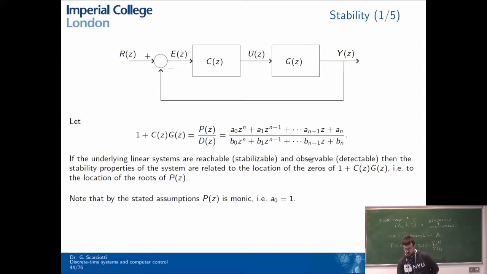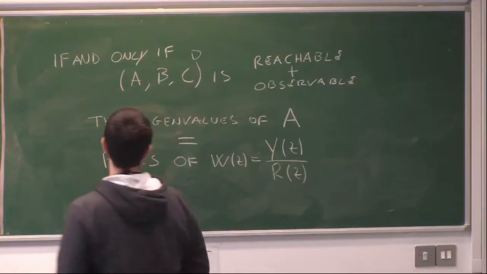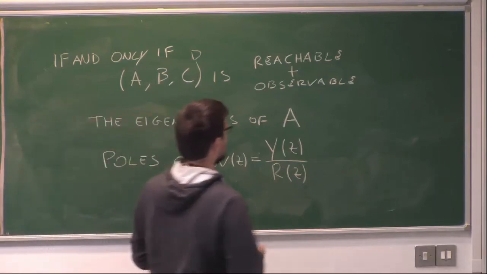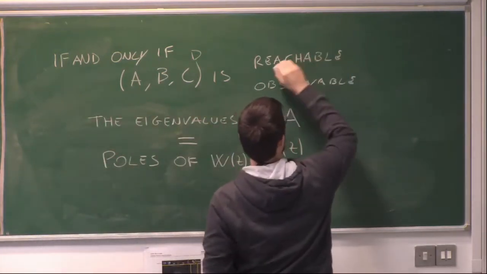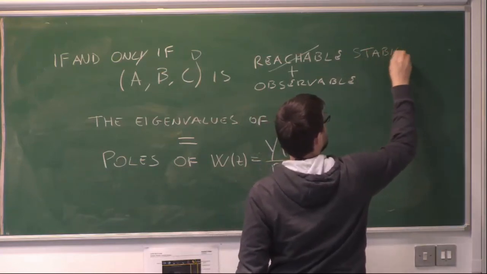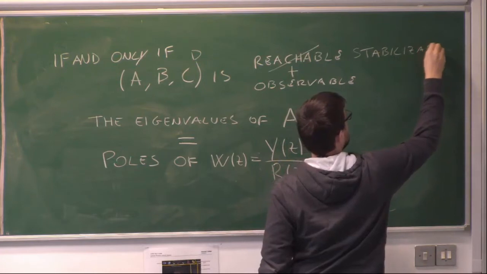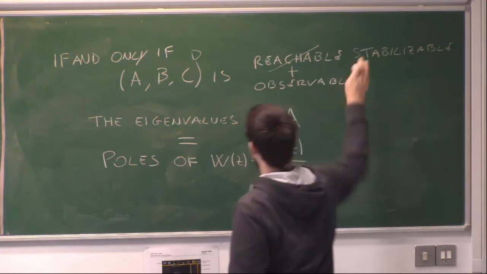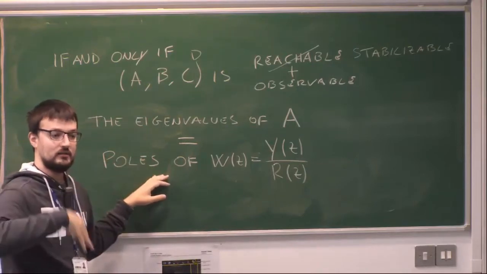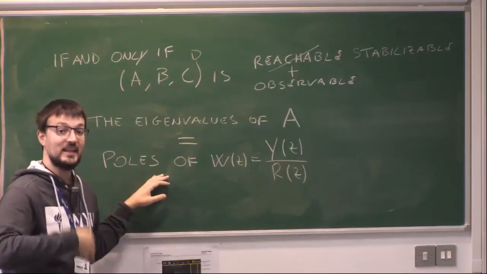Observability, you already know in continuous time. Then what about stabilizability and detectability? So let's talk about these properties here, okay? If the system is stabilizable, then we can modify this in the following way. If, for instance, we remove this property but put stabilizable, then what this implies is that the eigenvalue that we don't see is an eigenvalue that produces a stable response.